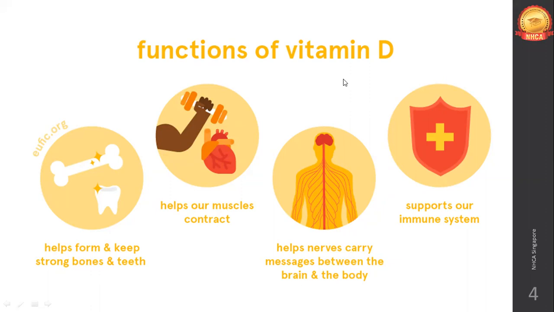Tetany means your body goes into an involuntary spasm. Large muscles go into an involuntary spasm. They stay in the contracted state and are not able to relax. That is tetany. So that can happen because of vitamin D deficiency.